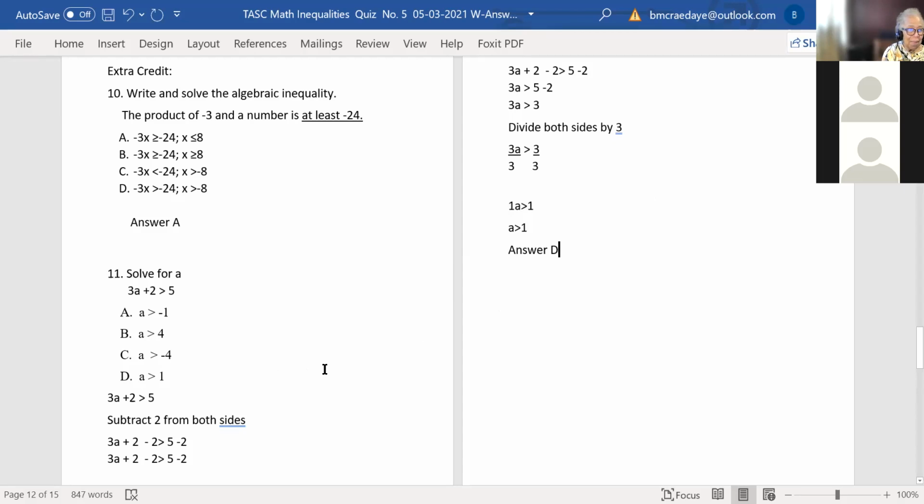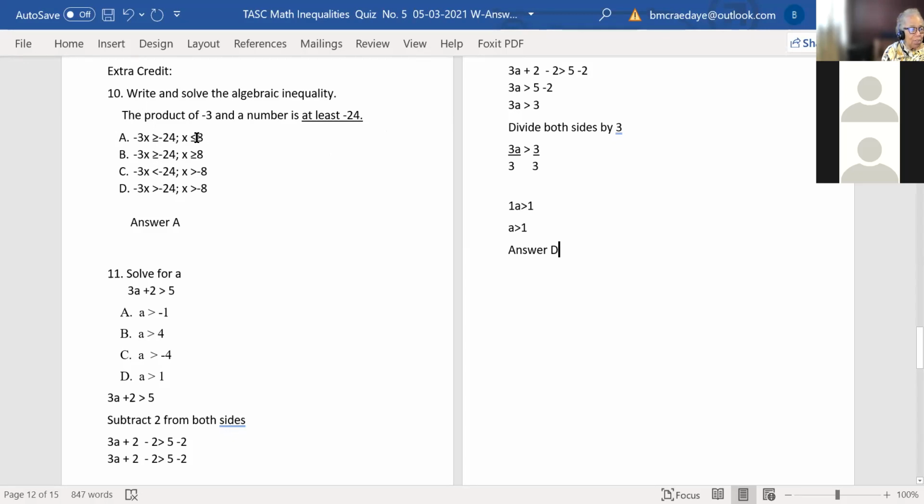But the one I didn't do over, I got right, was 10. Yeah, 10 is a compound inequality. And on that one, Maureen, you should have gotten it down to 2 possibilities because it can only be greater than or equal. So you could eliminate C and D. If you had given me A or B, I probably would have given you credit because at least I know you got the at least -24 as a greater than or equal.